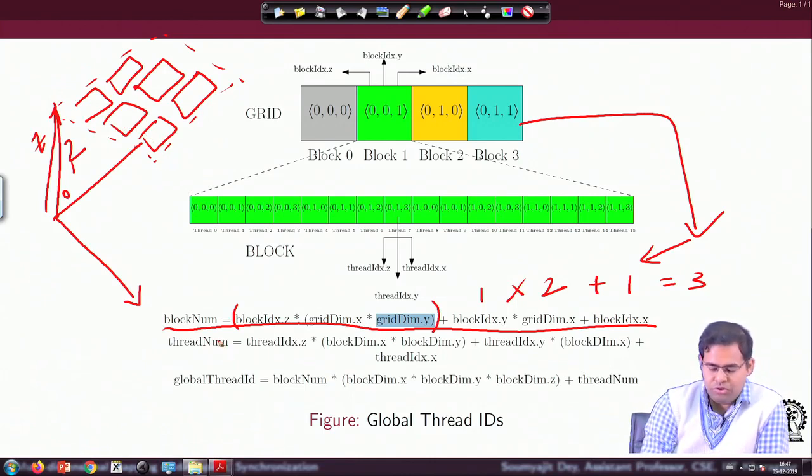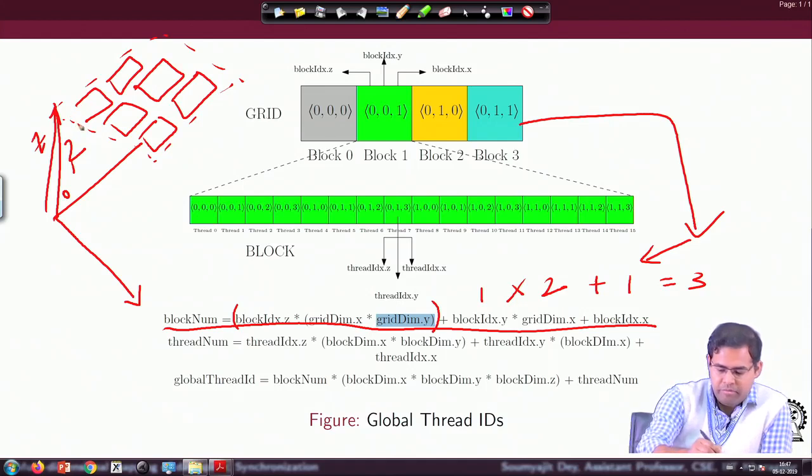So, your block ID in the z dimension would get multiplied by these many blocks, because this is the packing in the x direction and the y direction.